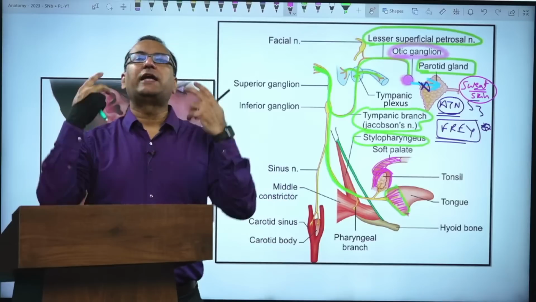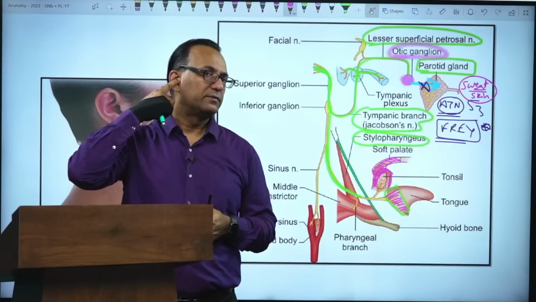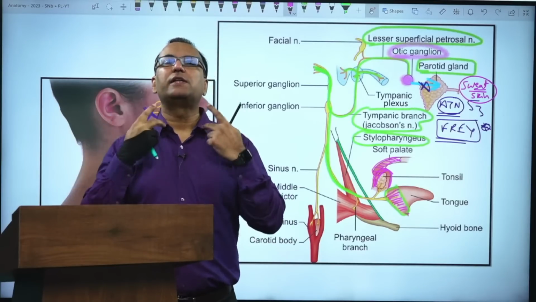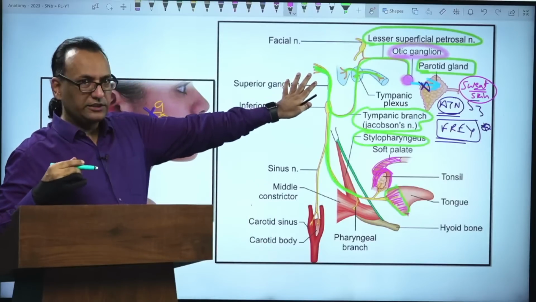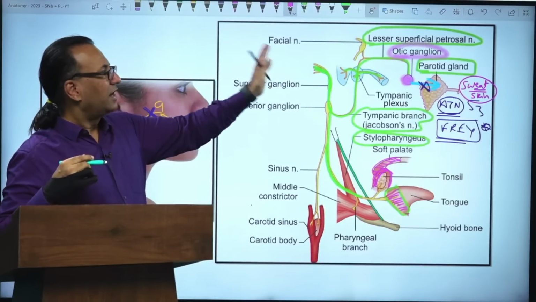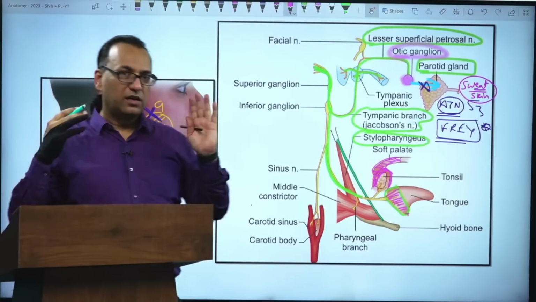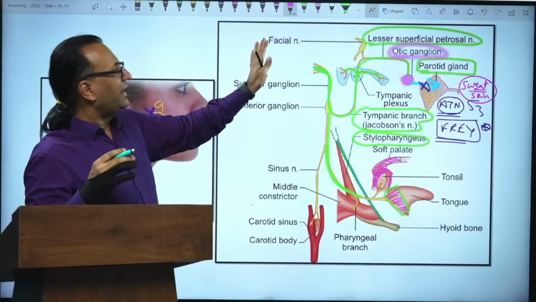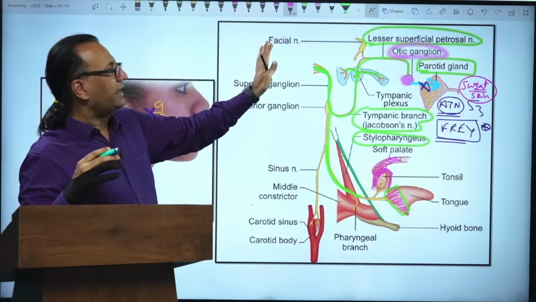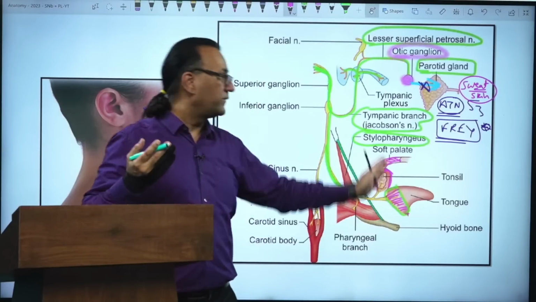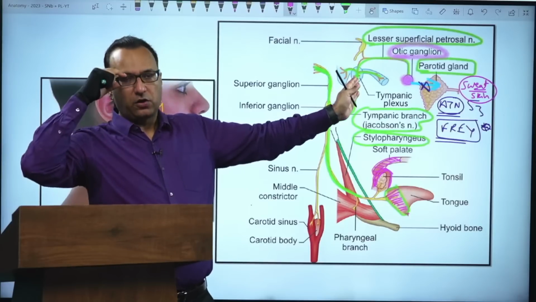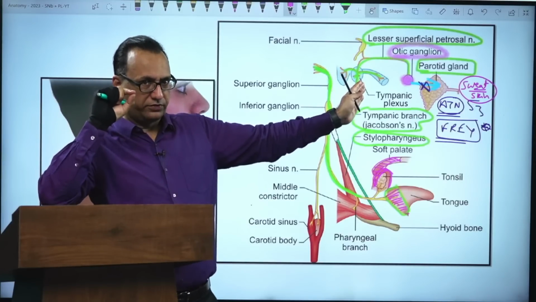There was a case of tonsillitis. Why ear pain? Referred otalgia. Brain gets confused sometimes. The brain is thinking the pain is not coming from tonsil, the pain is coming from middle ear cavity because of the same nerve supply.